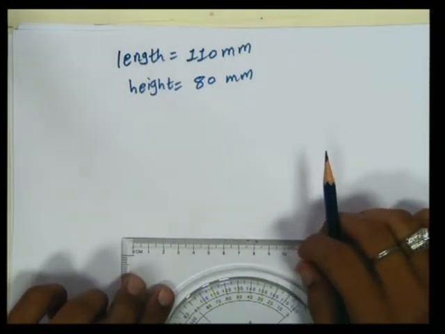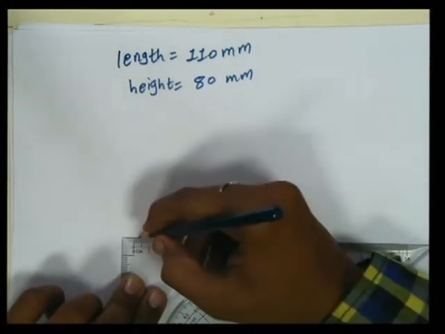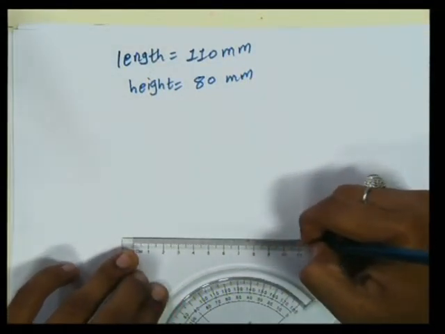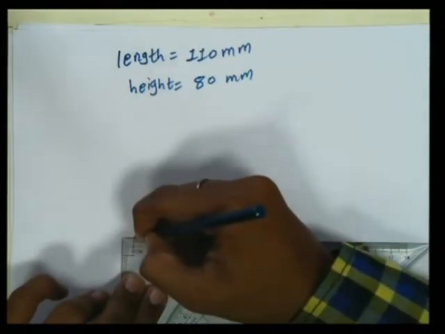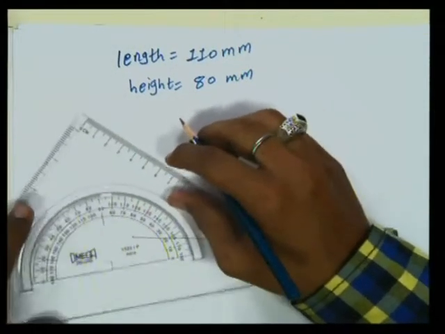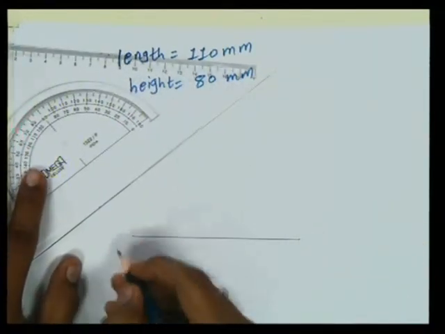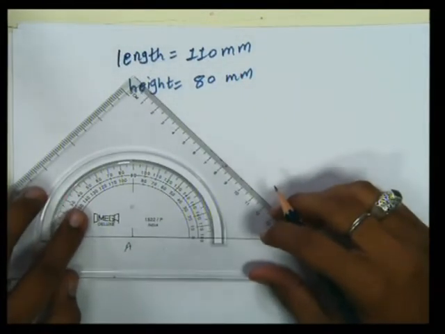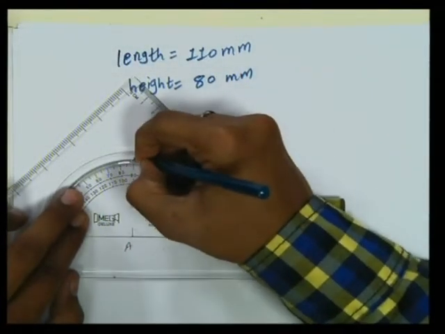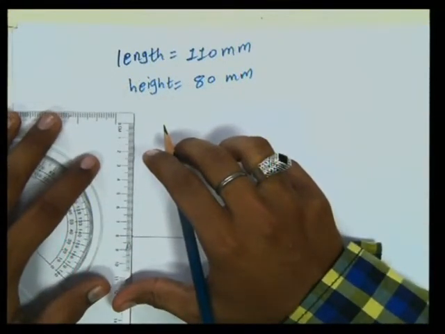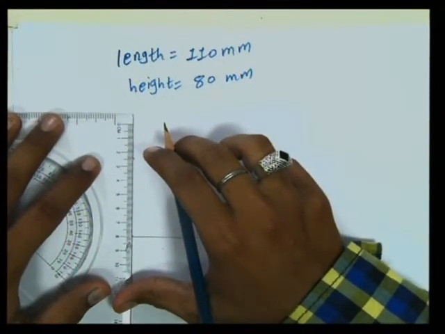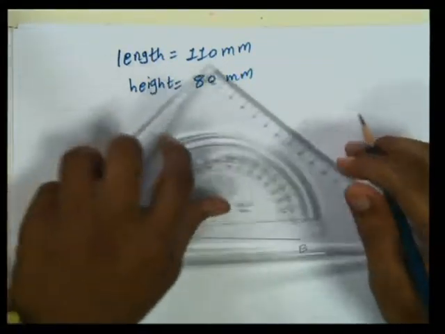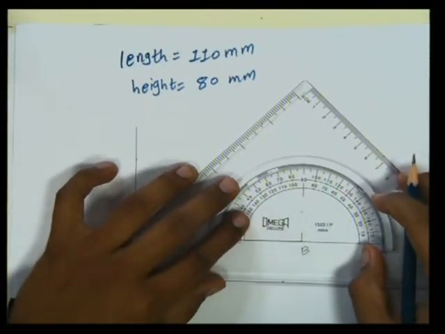First of all, draw a horizontal line of 110 mm. Let's name its ends A and B. From A, draw a perpendicular line of 80 mm, and from B as well, a perpendicular line of 80 mm.